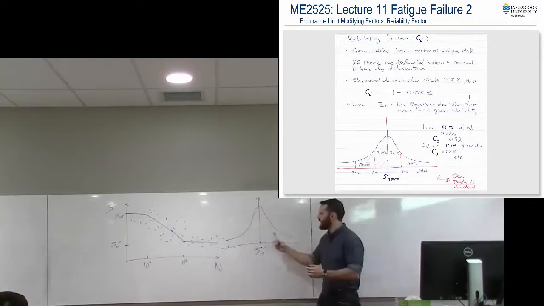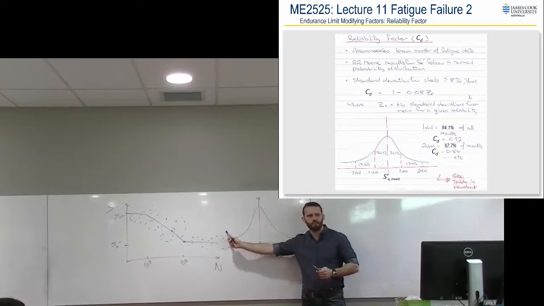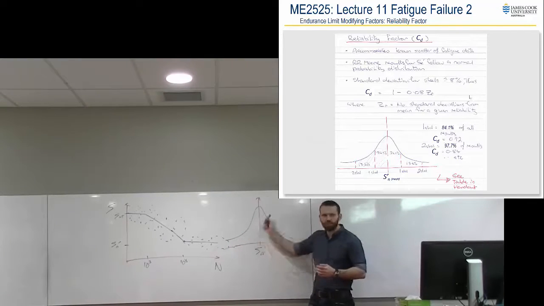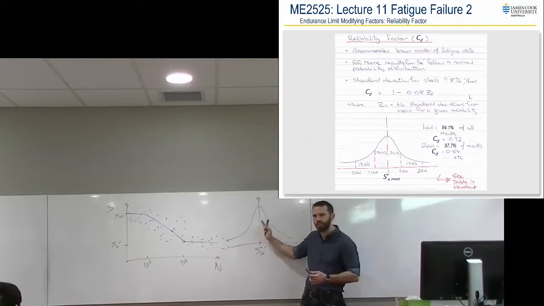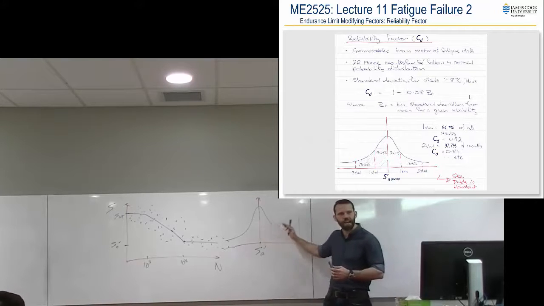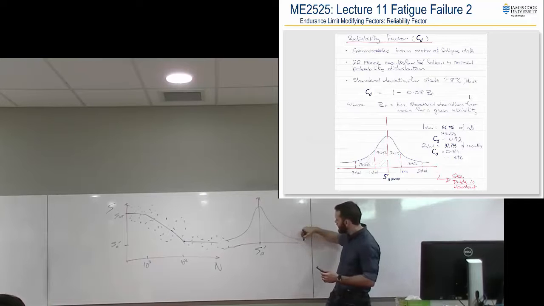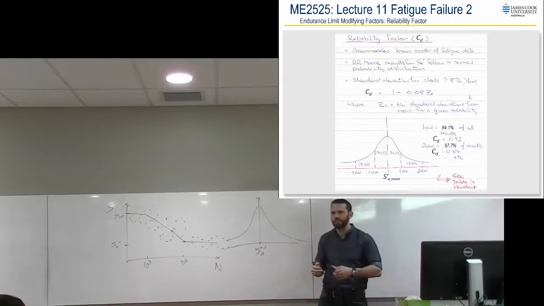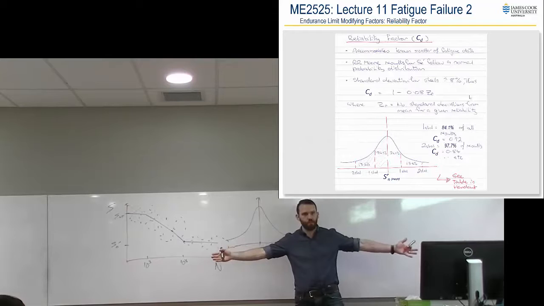Half the data's to the right, half the data's to the left. Now obviously this is a frequency curve, so most of the data's close. That's why you have this peak in the center, because most of the data is close. Some of the data tails out. And the further away you go, the less data points, to the point where, effectively you have no data points if you go far enough away from that mean.